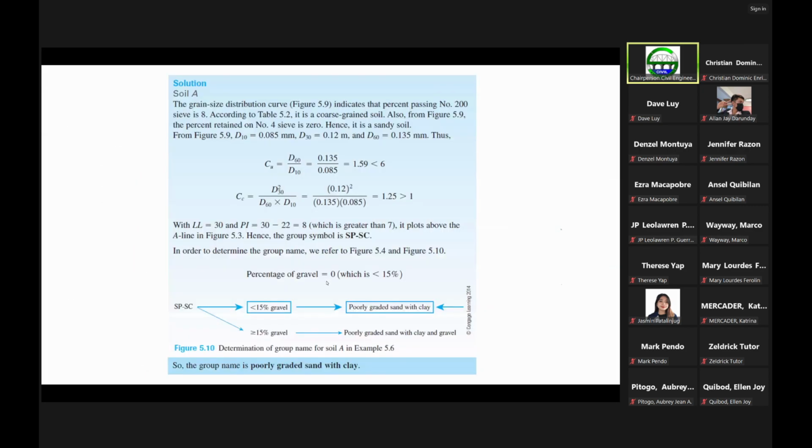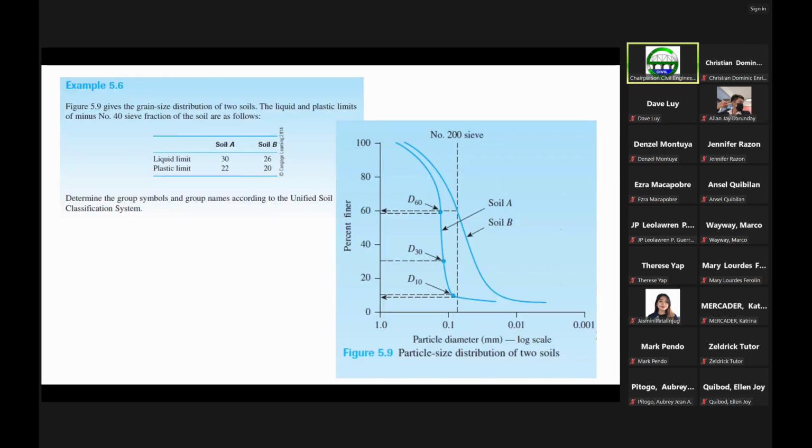Why 0? Because the number 4 sieve is equivalent to 4.75 millimeters. If the highest diameter here is 1, then everything has passed the number 4 sieve. Nothing is retained in the number 4 sieve, so that means zero.